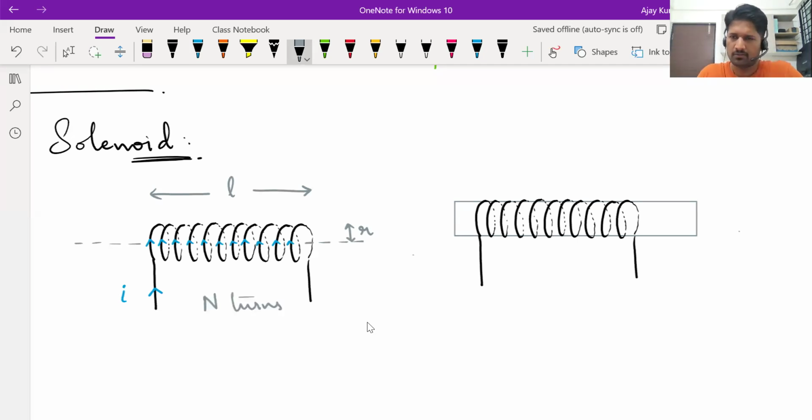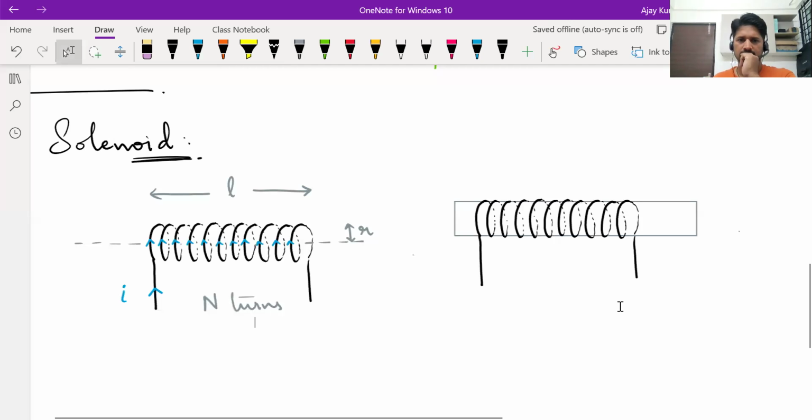Now, one of you do this or all of you do this and tell me, just curl your right hand fingers along the flow of current. The solid part of the wire is out of your screen. The dotted part is behind. Curl your right hand fingers along the flow of current in those loops. In which direction will your thumb point? Left.